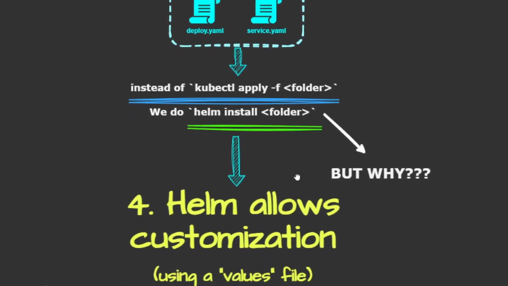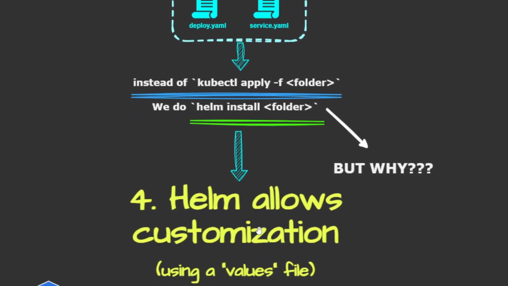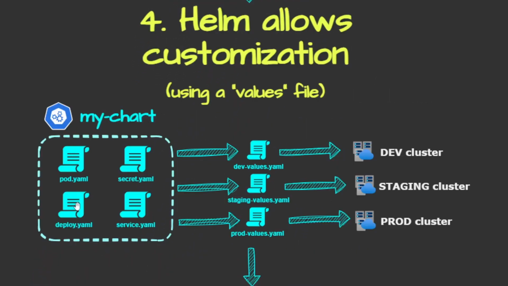This is because Helm allows for customization, which is by using a thing called a values file. So how does it do this? We can in theory take our chart and then create the differences in a much smaller YAML file. So let's say our dev cluster had 2 replicas, but our production cluster had 10. We would only define the replica number in what's called a values file.